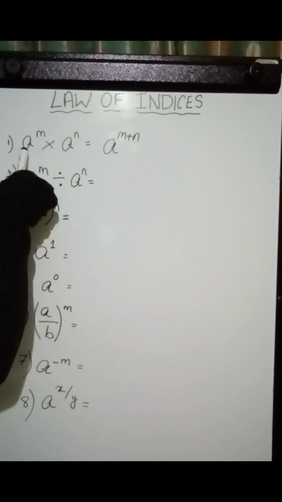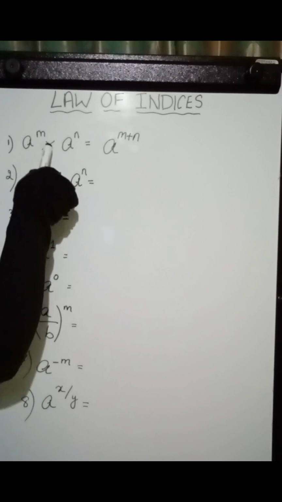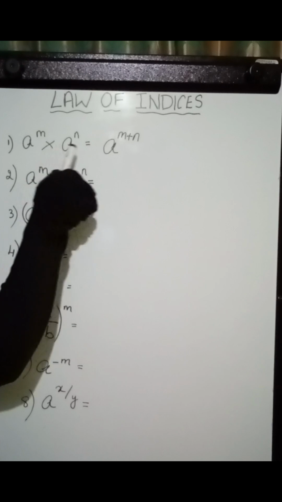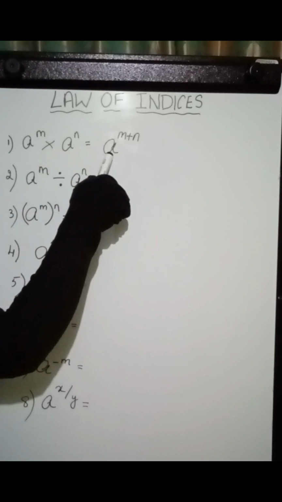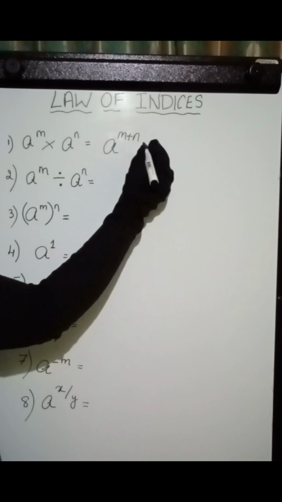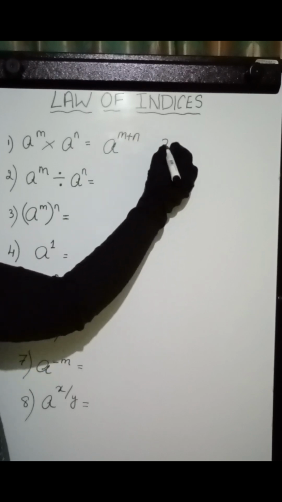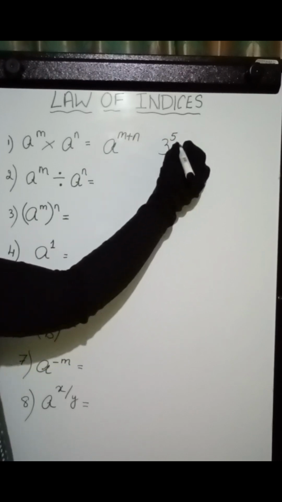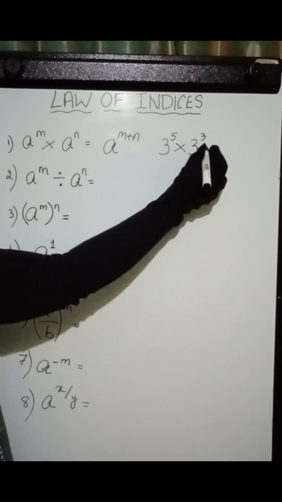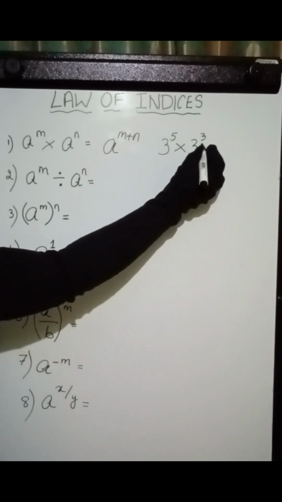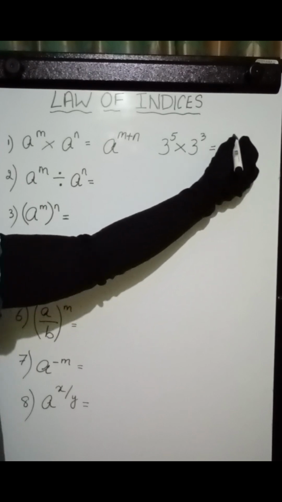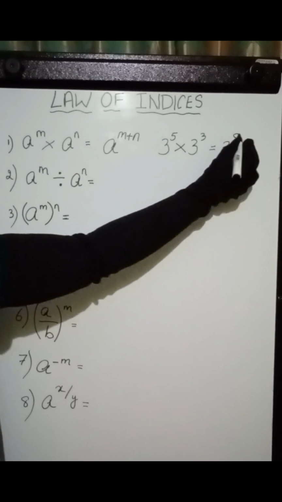I repeat, when you have a to the power of m into a to the power of n, in case of multiplication, that will be equivalent to a to the power of m plus n. The powers get added. For example, 3 to the power of 5 into 3 to the power of 3, then the value will be 3 to the power of 5 plus 3, which is 8.